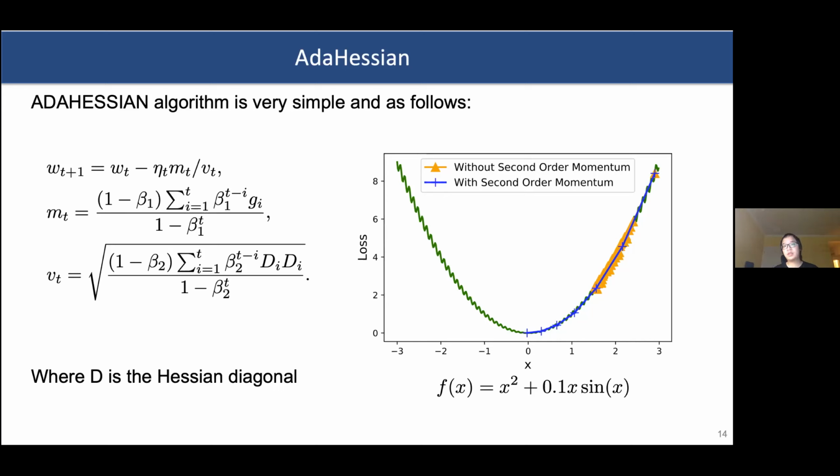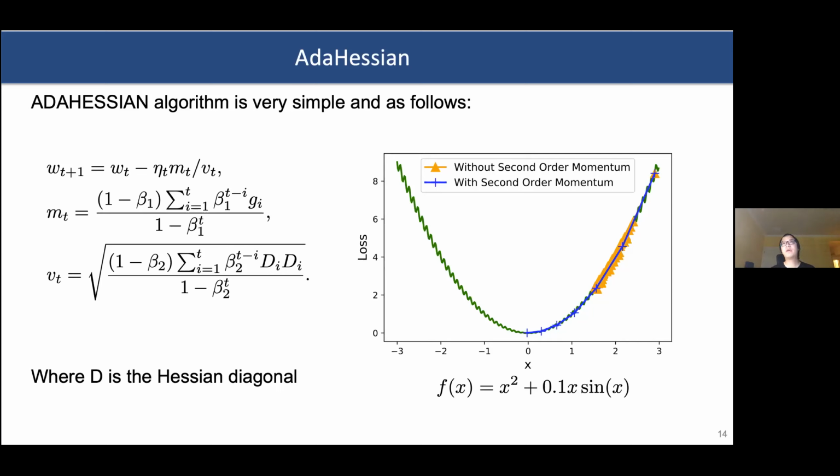So the first question is, why do we need momentum for the second order information? If you know the Newton method, typically it always does H inverse G for the local step. This will cause some problems for neural network training or for typical non-convex problem training.